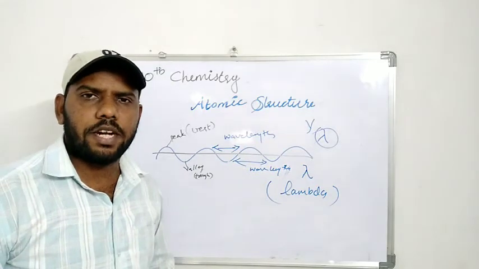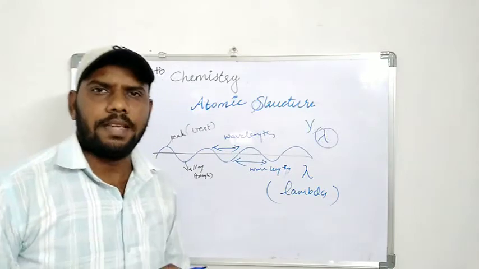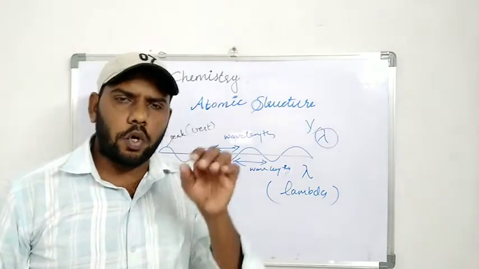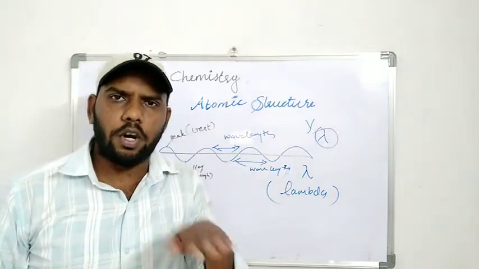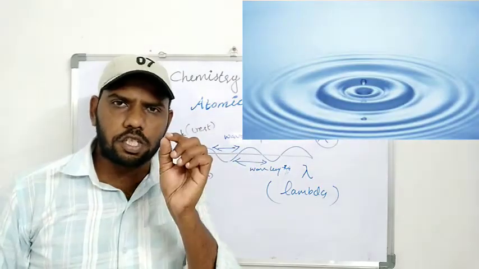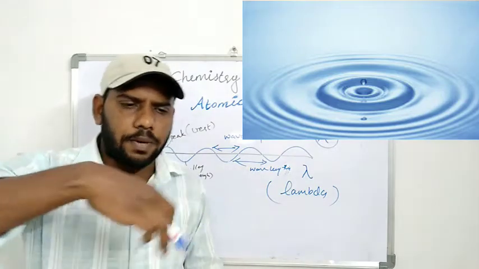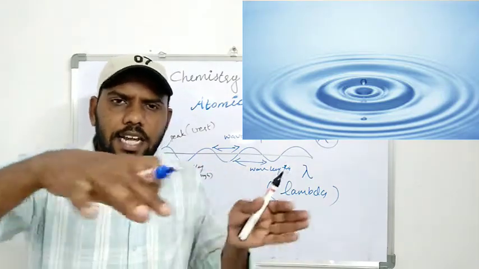Another thing we come to understand is the number of vibrations. This is as simple as a vibration. Just look, there is a pond and the water is silent there. When we throw a stone on the water, what will we see? You will observe some ripples, or you can say some circles forming there.